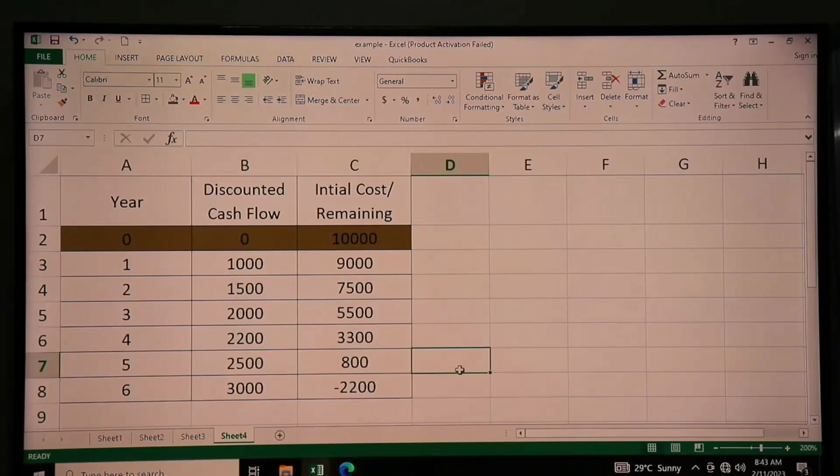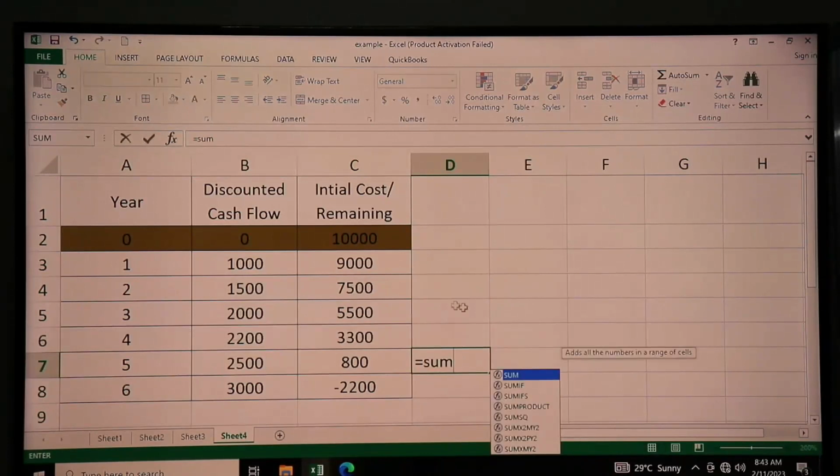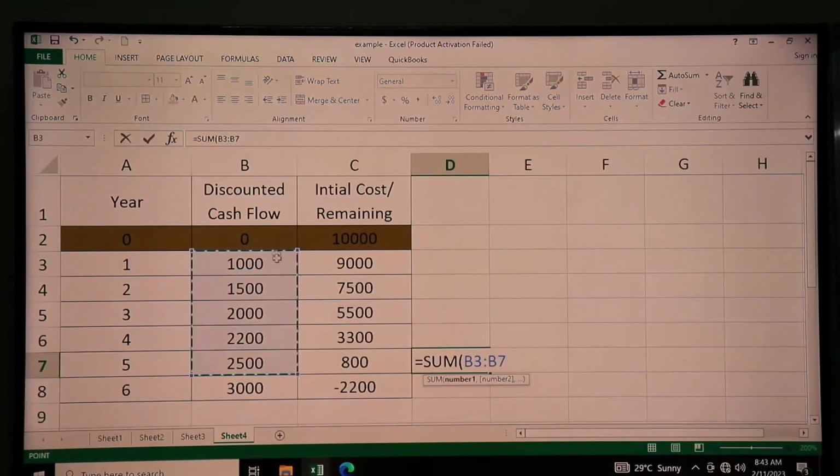If you insert the sum here, then the sum up to the 5th year is this amount. You can even start from here, that it has already paid 9,200. So it is only remaining with 8,000 to pay back.